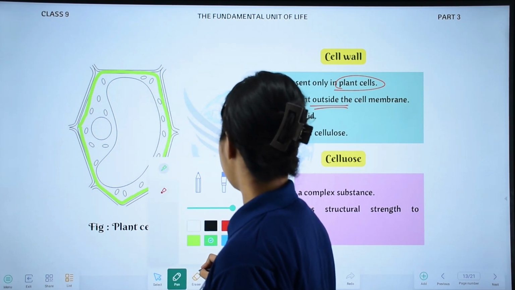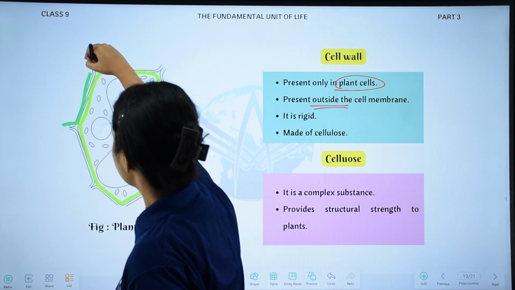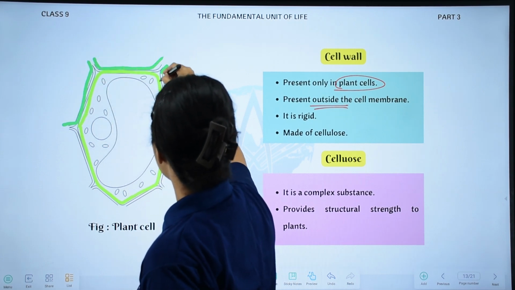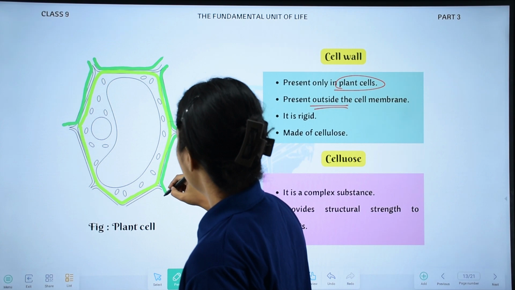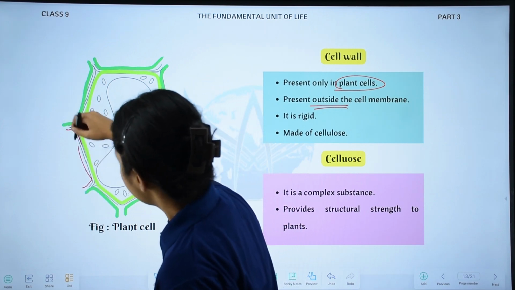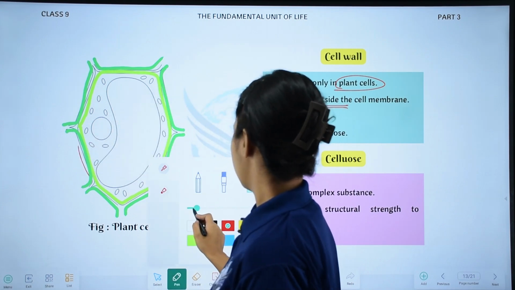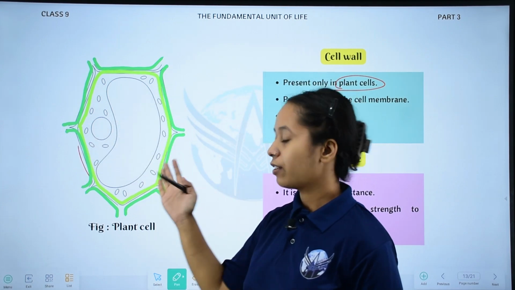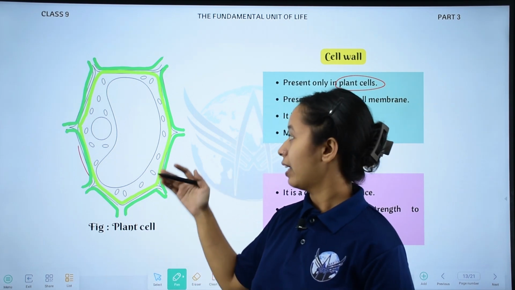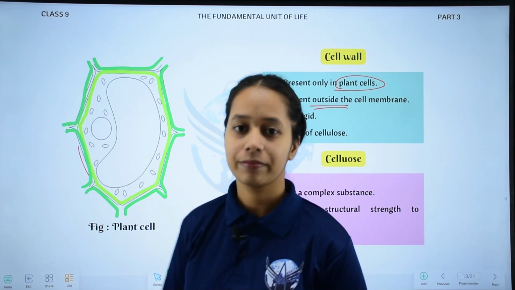So where is our cell wall present? Cell wall is present outside the cell membrane. This is the cell wall. It is present outside the cell membrane of a plant cell. So the light green part is the cell membrane and the dark green part is our cell wall. It is present outside the cell membrane.